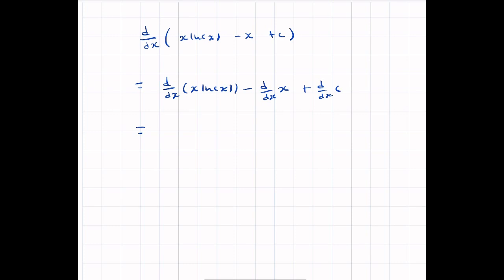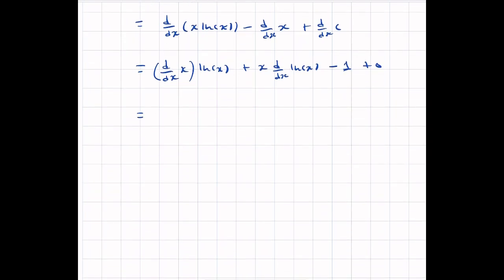Well, it's again product rule, d by dx of x times ln of x plus x times d by dx of ln of x, minus derivative of x with respect to x is 1, and the derivative of a constant is 0 with respect to anything.